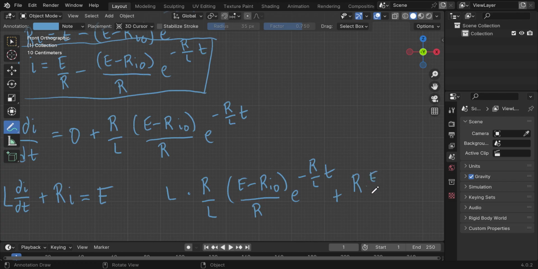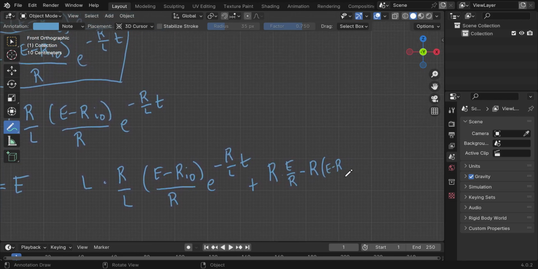We had E over R minus E minus R I0 over R e to the negative R over L times t.